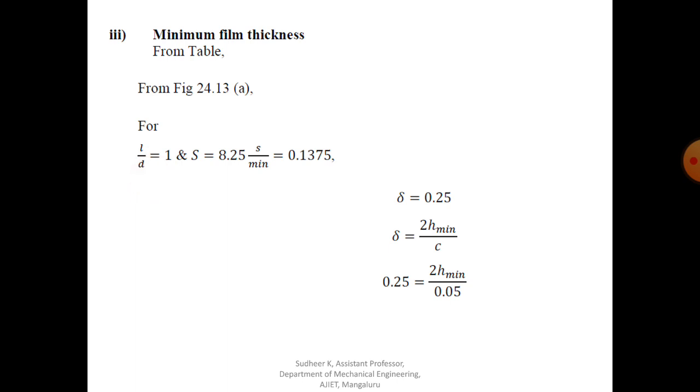Both are 50 here in this problem, so 50 divided by 50 you'll get 1, and S value is 8.25, so if you convert into a number you'll get 0.1375. Based on this, from figure 24.13a, you can easily calculate delta.